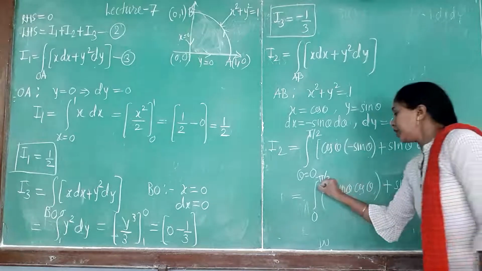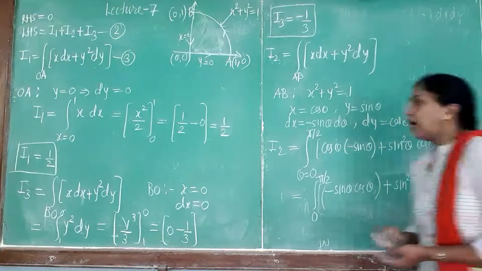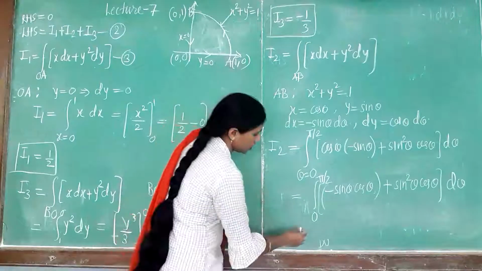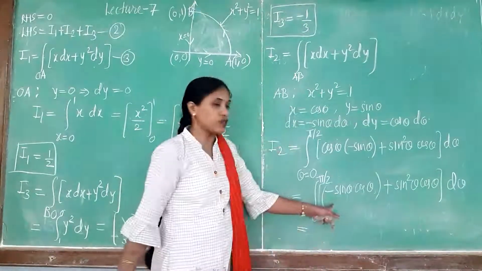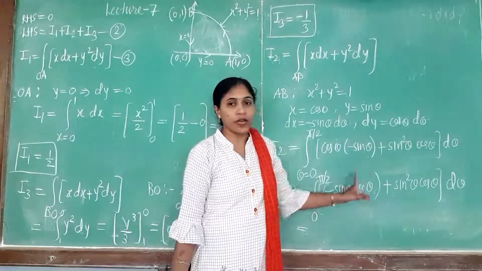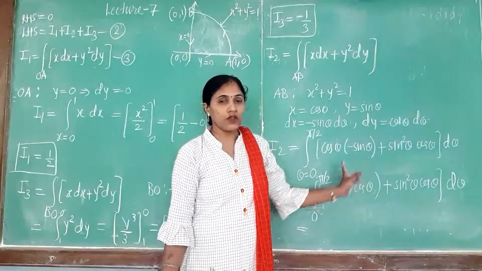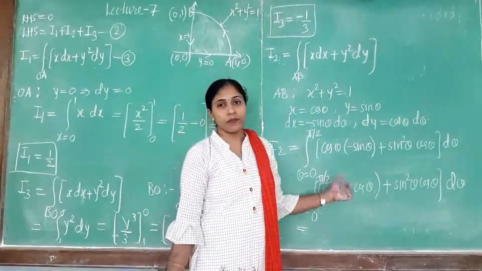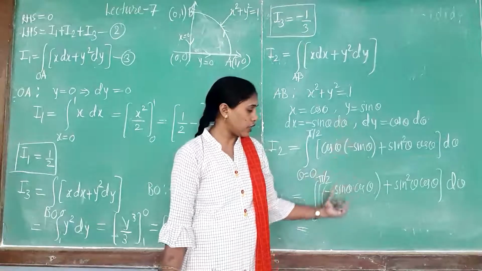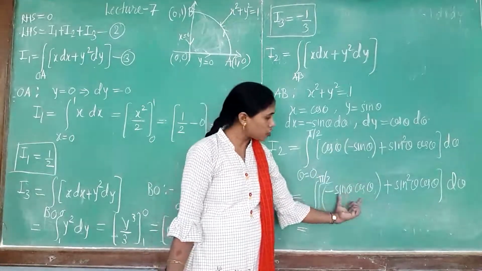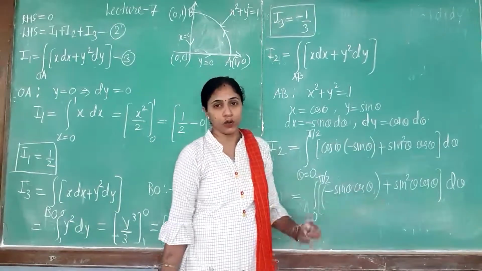Now evaluate it with respect to theta. You can use the reduction formula here, if the powers m and n are even and odd, then we can use m minus 1, m minus 2, like that. Or for the first part, you can use the sin 2 theta formula also.